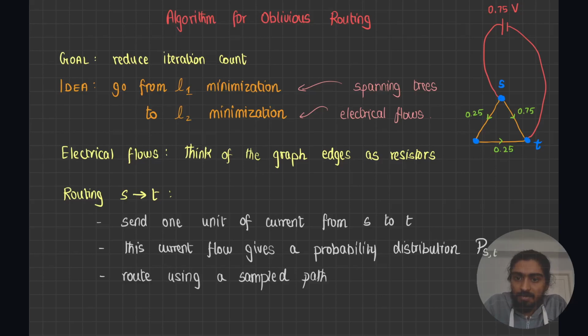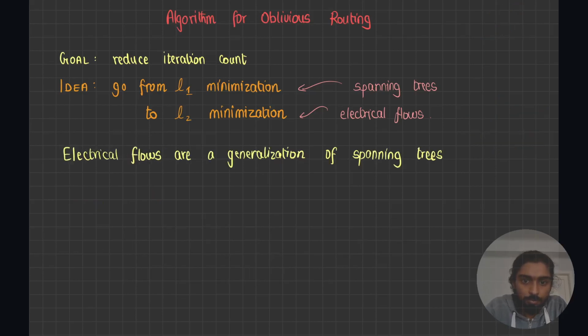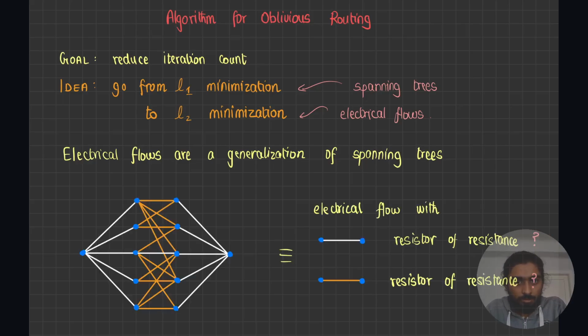Okay, then how do you route it? You route it along one path you sample from this electrical flow. The first thing I want to say is that this is a strict generalization of what we had before. Why? Any spanning tree routing, you can think of as an electrical flow routing.